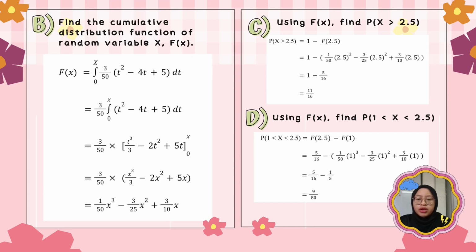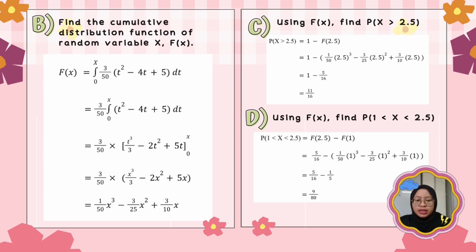Then we got 1 minus F(2.5). The answer that we got is 11.60.